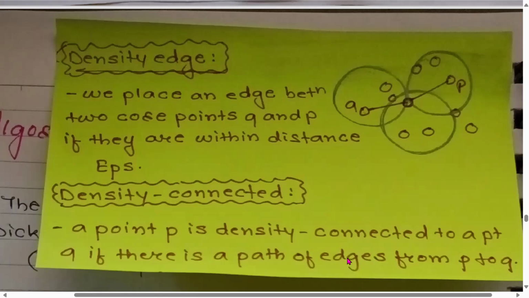A point P is density connected to a point Q if there is a path of edges from P to Q. Are you getting the meaning of this?